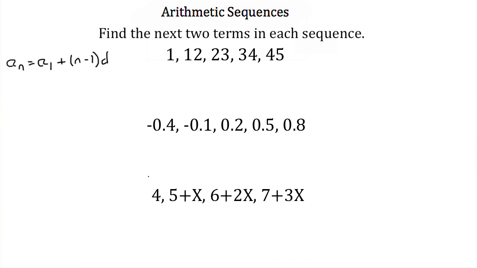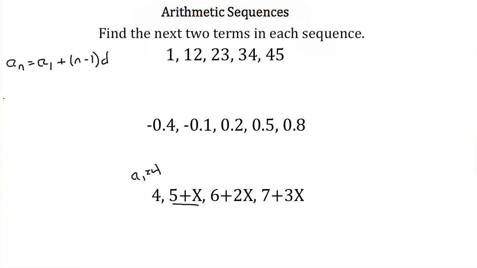Now our first term, a1, is equal to 4. And we need to find our common difference. So as usual, I'm going to use our second term, and we're going to plug that in for an, or a2.